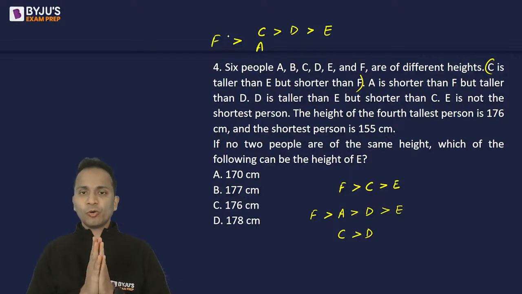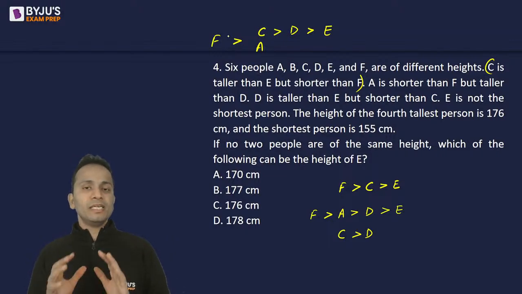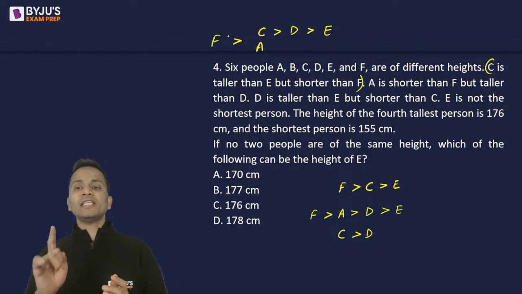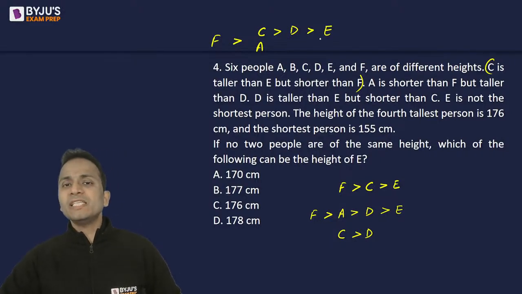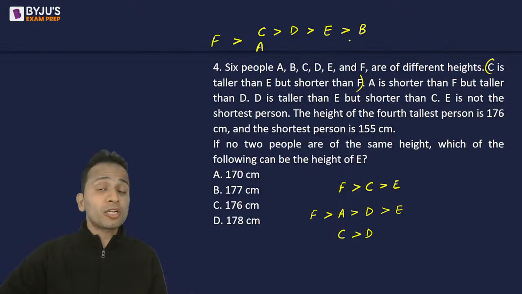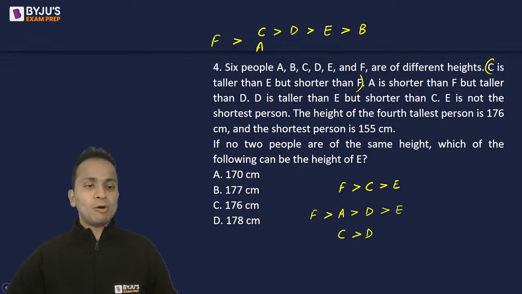Is it clear? Now, also they have mentioned that E is not the shortest person. I'm left with one person, that is B. Since E is not the shortest, but E is shorter than these four, B can be the only person who is shorter than E. So this is about the arrangement of their heights.